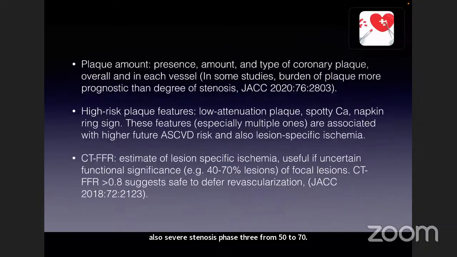Plaque amount shows us the presence, amount, and type of coronary plaque overall in each vessel. In some studies, burden of plaque is more prognostic than degree of stenosis. High-risk plaque features are low attenuation plaque, spotty calcium, or napkin ring sign. These features, especially multiple ones, are associated with higher future atherosclerotic cardiovascular disease risk, and also lesion-specific ischemia.